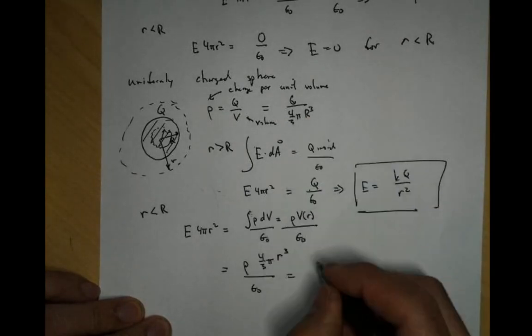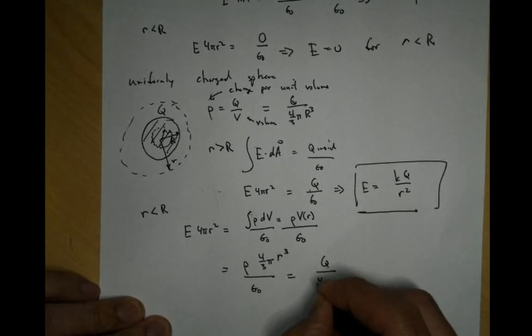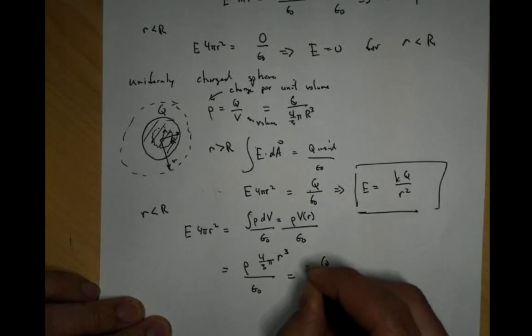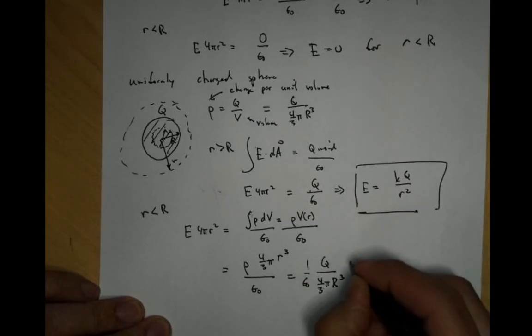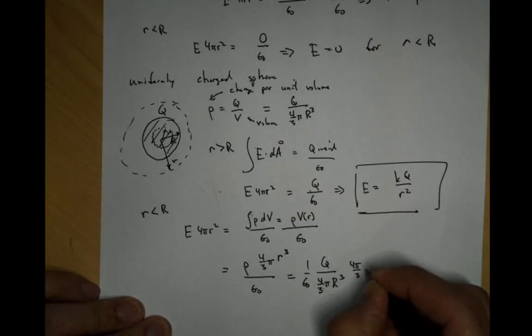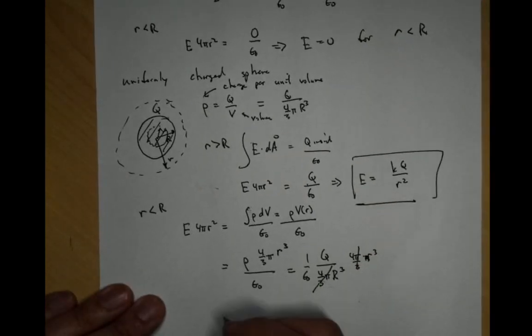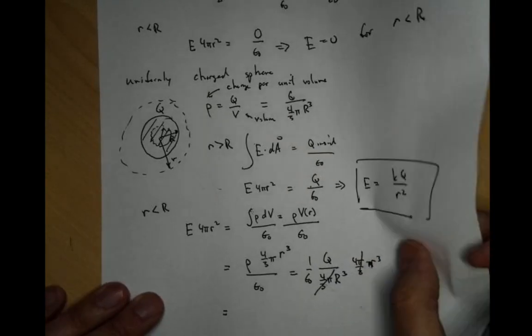Let's plug in what rho is out here. This is Q over 4/3 pi capital R cubed. Let's bring a 1 over epsilon naught out here. 4/3 pi little r cubed. The 4/3 pi cancel each other out.